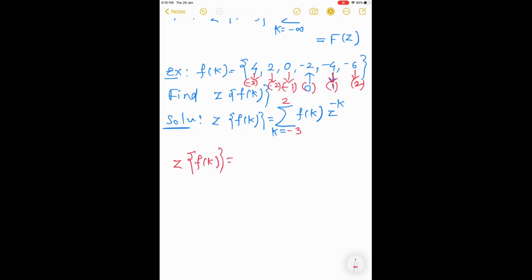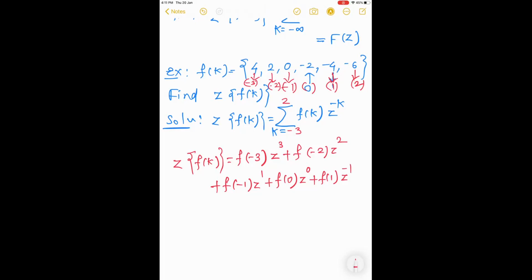Now if I put k equal to -3, then this is f of -3 z raised to 3 plus f of -2 z raised to 2 plus f of -1 z raised to 1 plus f of 0 z raised to 0, k is 0, and then f of 1 z raised to, what do you write? -1.